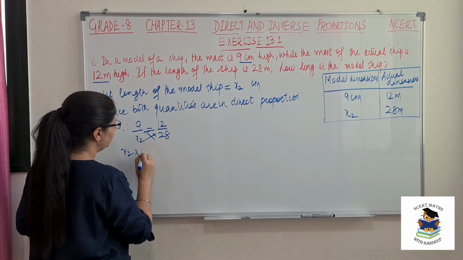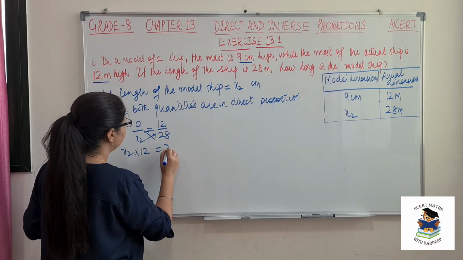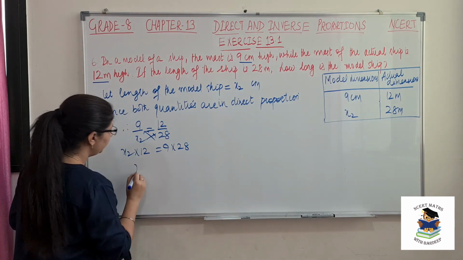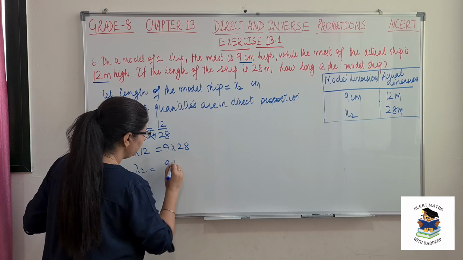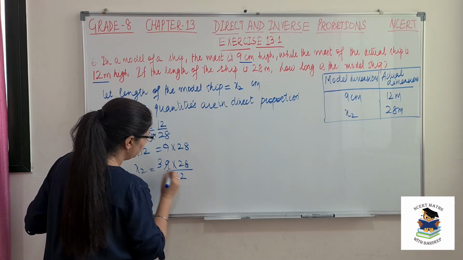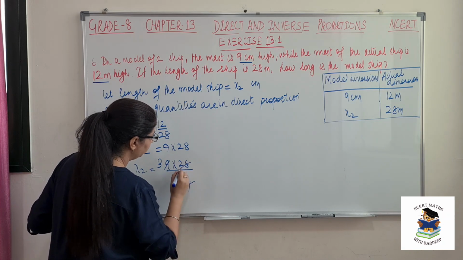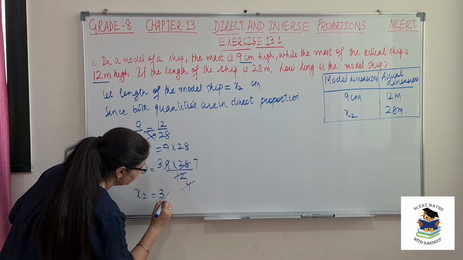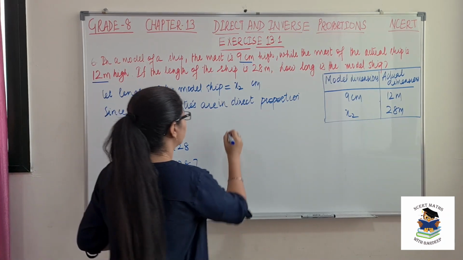So x2 into 12 is equal to 9 into 28. So what is x2 then? This is 9 into 28 over 12. So 3 3s are 9, 3 4s are 12, 4 7s are 28, and x2 is equal to 3 into 7.